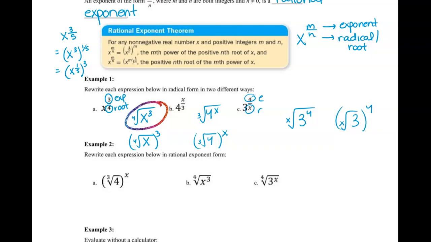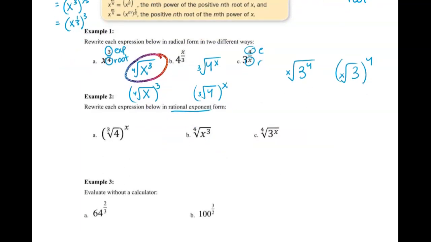And now we'll rewrite in rational exponent form, and you'll notice I'll call this exponential form. That's just what I'm used to, and again, it's equally correct. And so we're really just going to look for our base, which is 4, and then its exponent over root. So x is our exponent, our root is 3, so we get 4 to the x over 3.